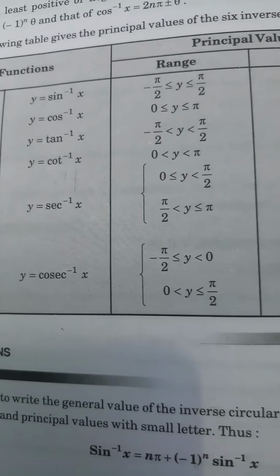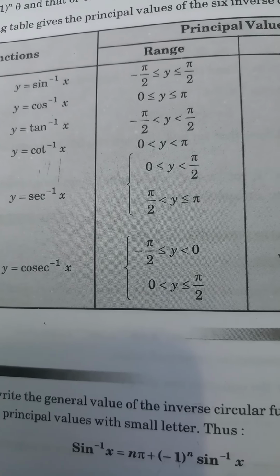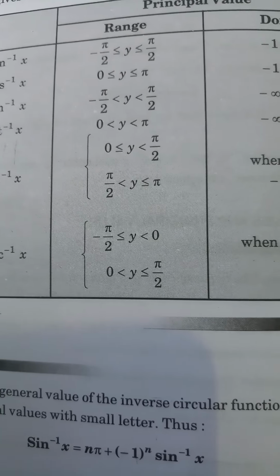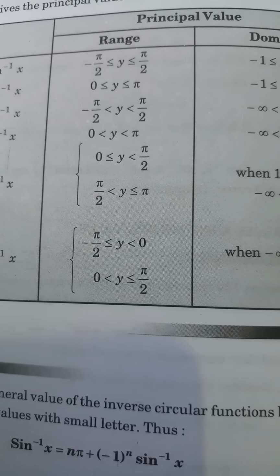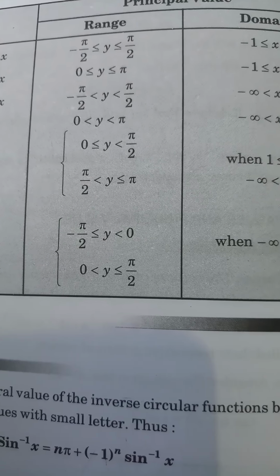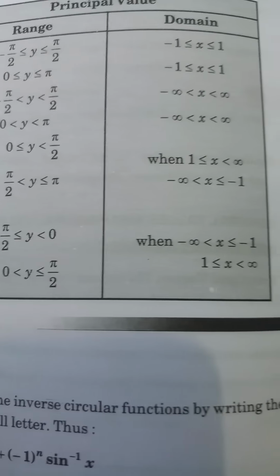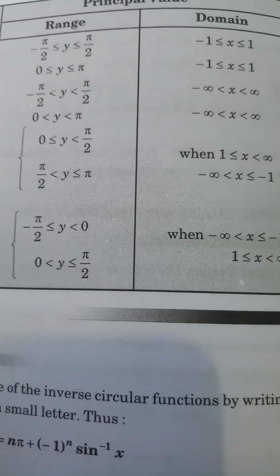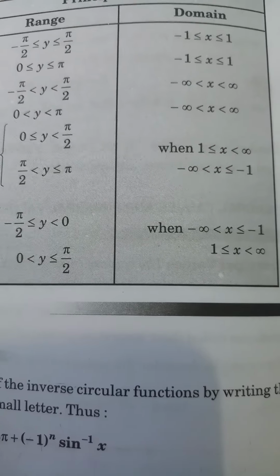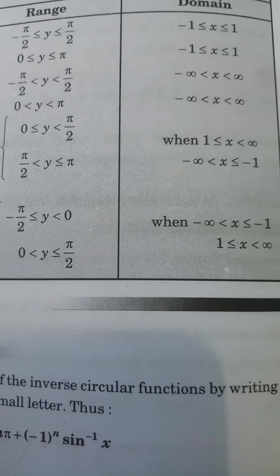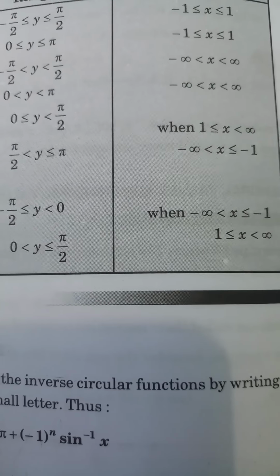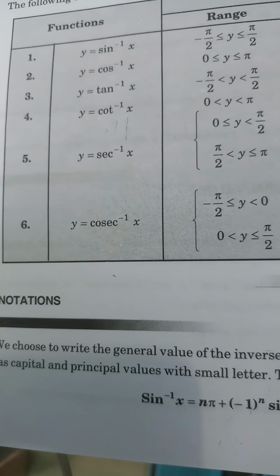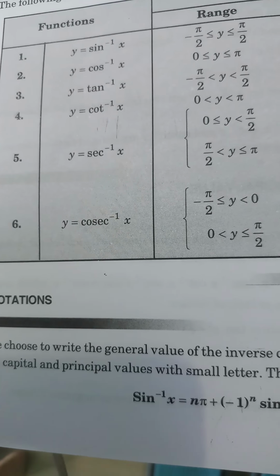Y equal to secant inverse x. Zero less than or equal to y less than pi by 2, and y lies between pi by 2 and pi. When x lies between 1 and infinity, y lies between 0 and pi by 2. When x lies between -infinity and -1, y lies between pi by 2 and pi.